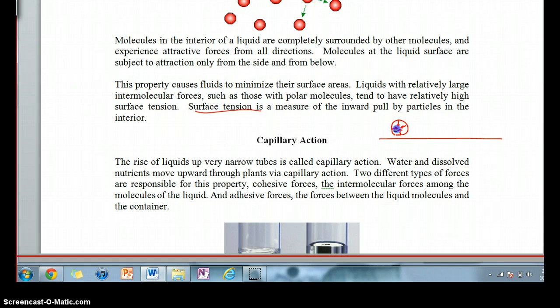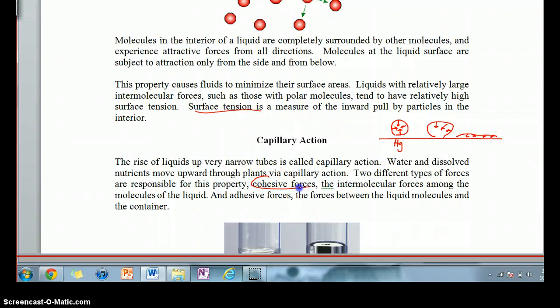We can think about something like mercury, which actually pulls in on itself quite a lot, and then water less so, and then alcohol does not pull in on itself as much, and again that has to do with the polarity of the molecules. This ties into thinking about cohesive versus adhesive forces.